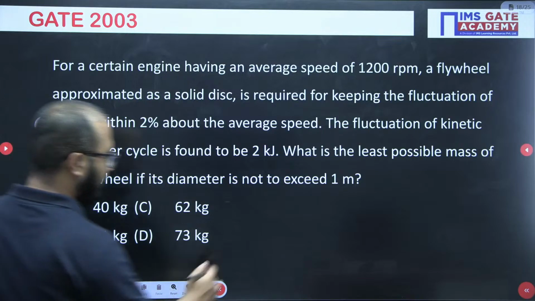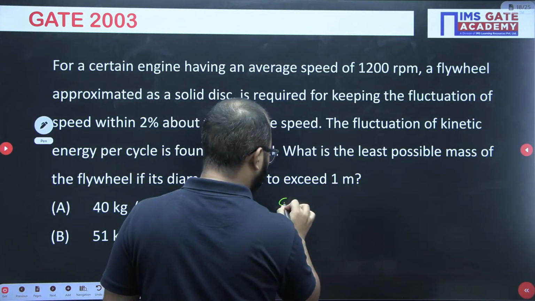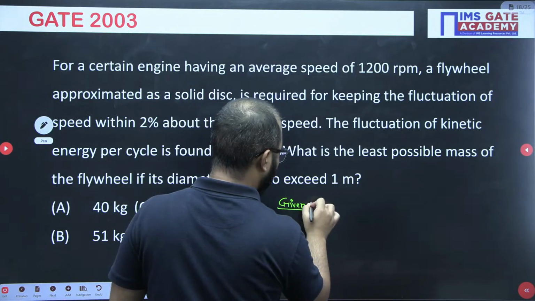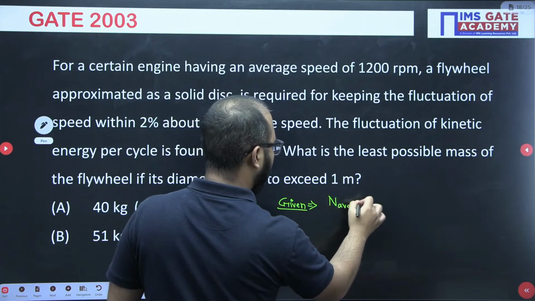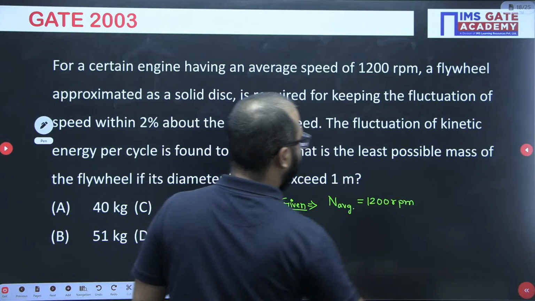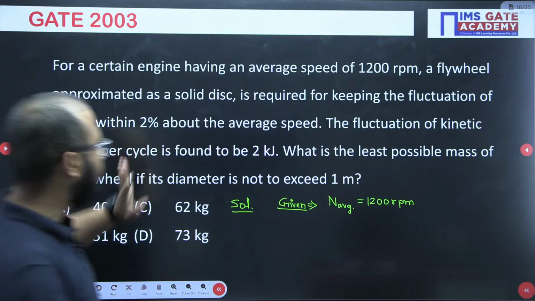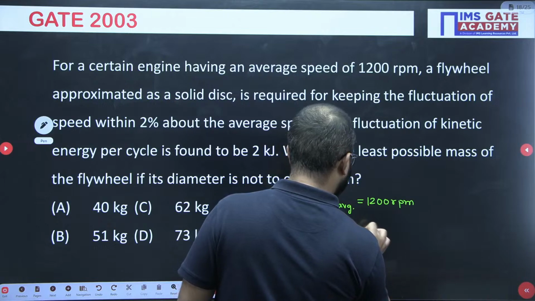Okay. So if I talk about the solution part, first of all we need to write the given data. Given data is N average, which they have given as 1200 rpm. Flywheel is a solid disc. Fluctuation is within 2% about the average speed, so Cs value is 2%, which is 0.02.